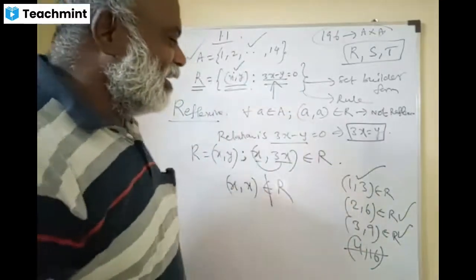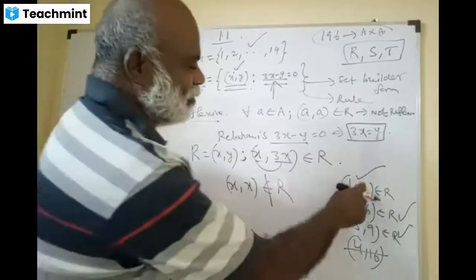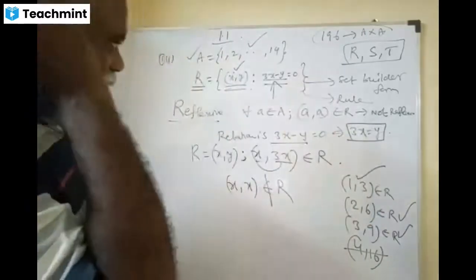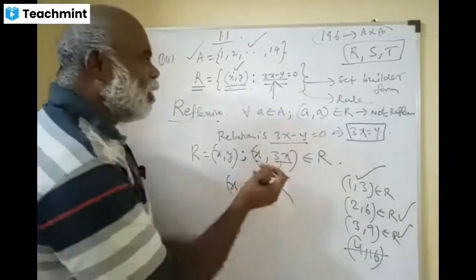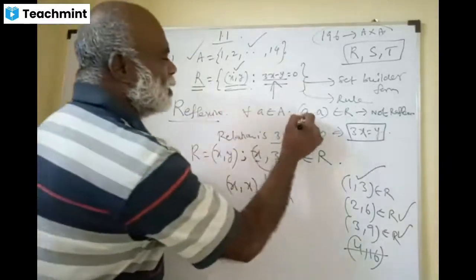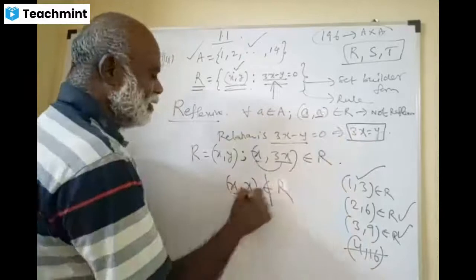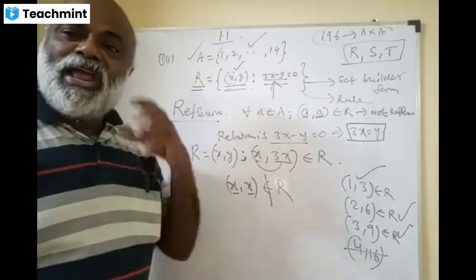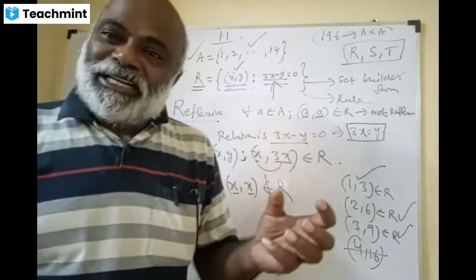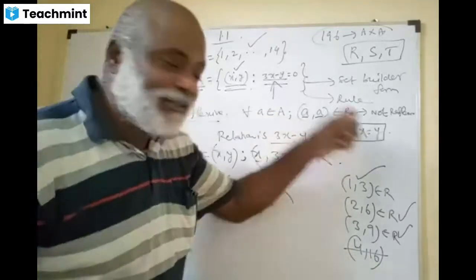Is it clear? So far is okay? Now friends, what is a reflexive relation? Reflexive means identical elements. If I take X as the first element, the second element is also X. But do they follow this relation?